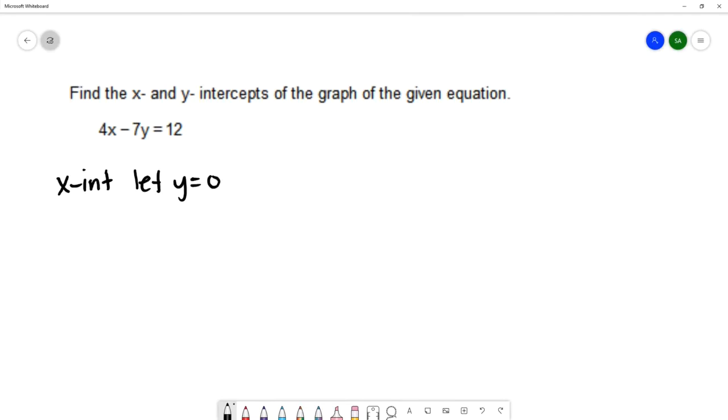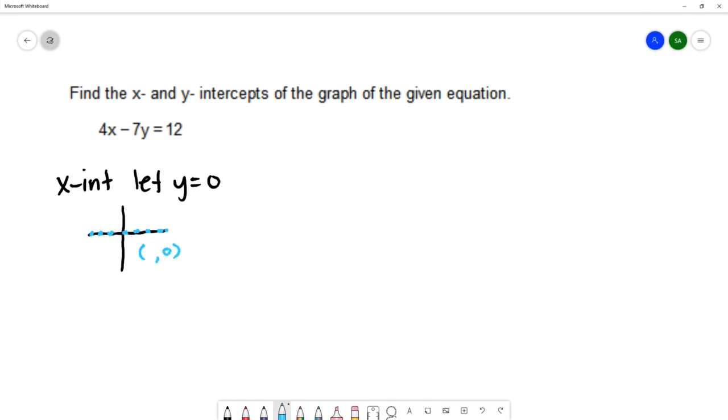And that's because the definition of an x-intercept is that it's where the graph crosses the x-axis. So if you think about your coordinate plane, all of the ordered pairs that are on the x-axis are all ordered pairs that have the y-coordinate being 0.